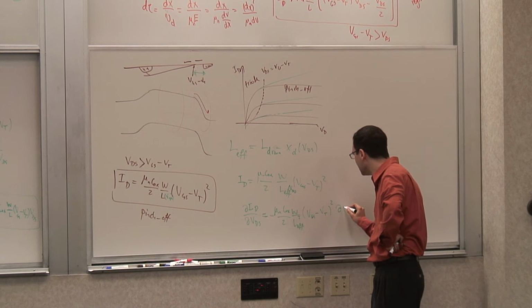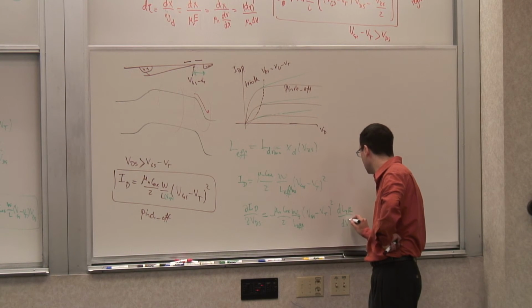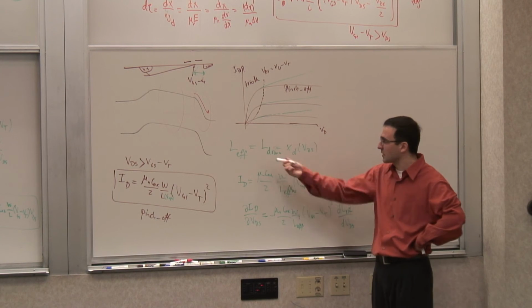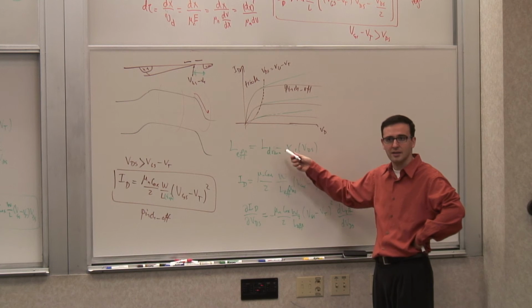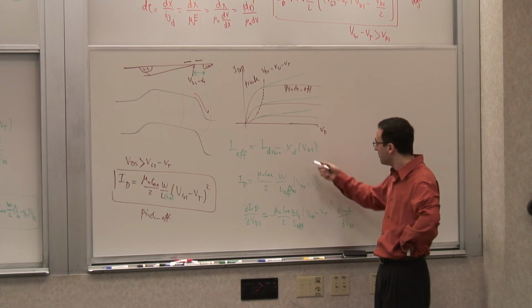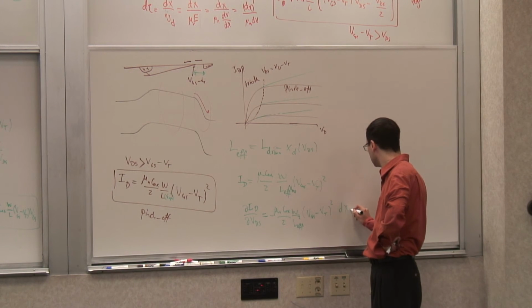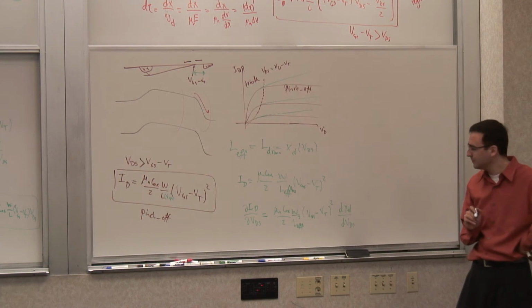So it's dL effective dVDS. But what is it based on that expression? Well, it consists of two terms. This term is a constant, and this term. So it's really nothing but minus dXD dVDS. And that minus sign cancels this minus sign. Okay, so I get rid of that.